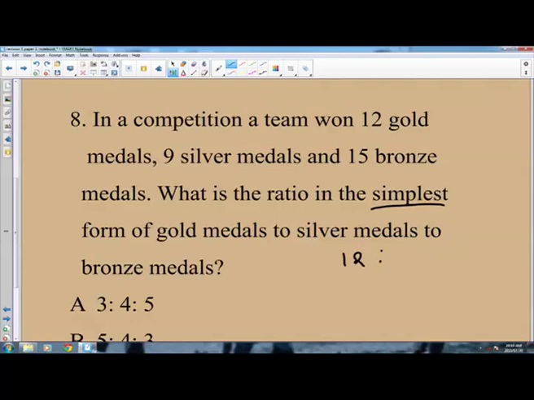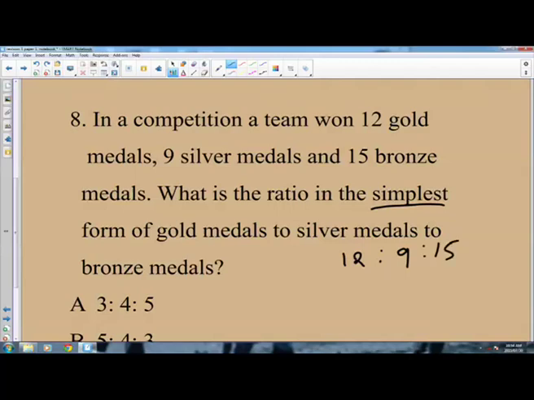Let's look at the question, because sometimes you may change the numbers given. So it's very important that you check the gold medals correspond to 12, and the silver medals 9, and the bronze medals 15.